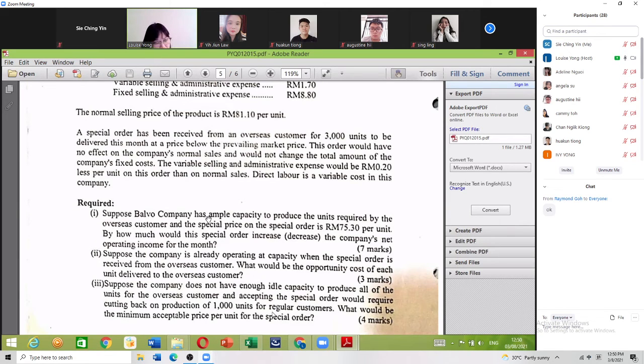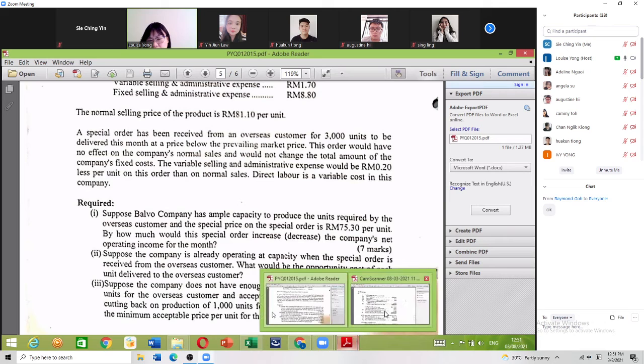If it accepts this, will profit increase or decrease, and by how much? So here you have to calculate. Selling price is $75.30. Then what is your variable cost for your special order?